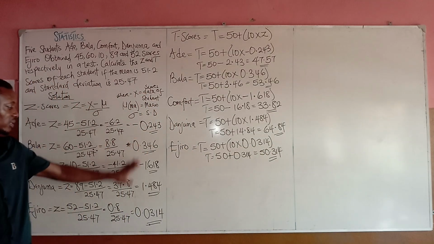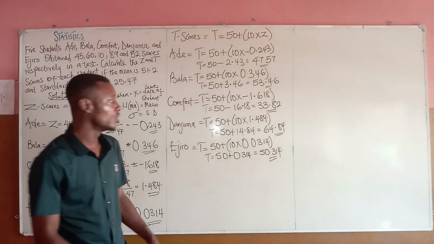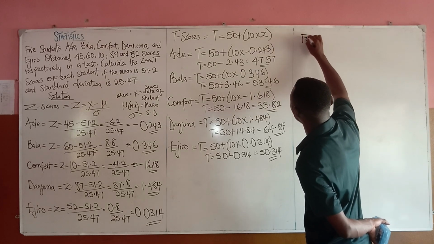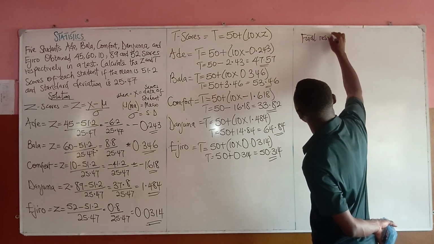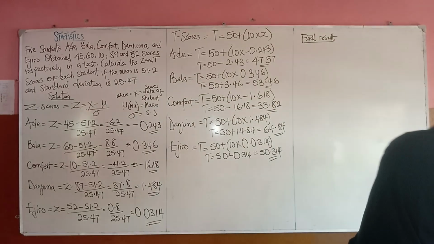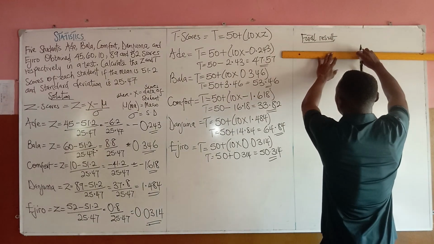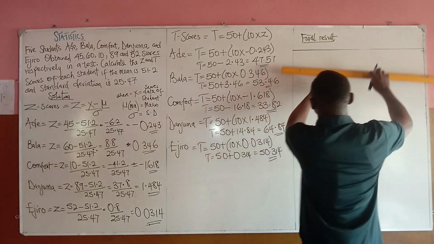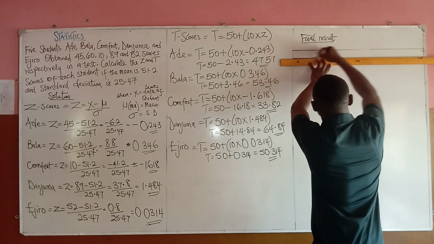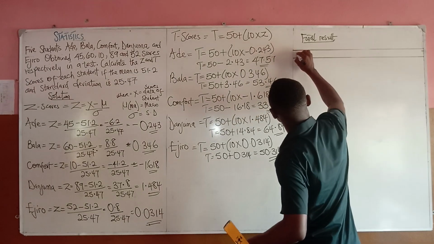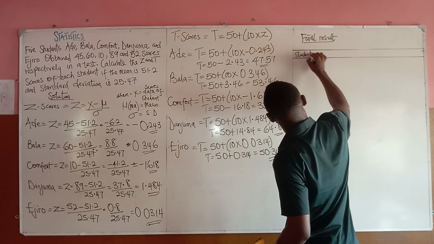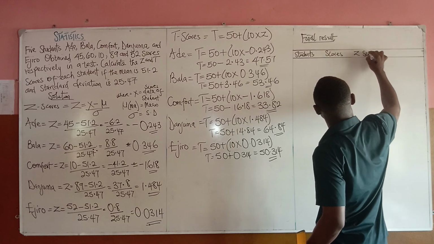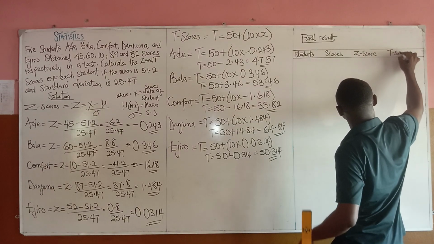Now we've ascertained our Z scores and our T scores. So the next thing is for me to put them in a table. Putting it in a table, I'll have the final result. So I have students, I have scores, I have Z score, and I have T score.